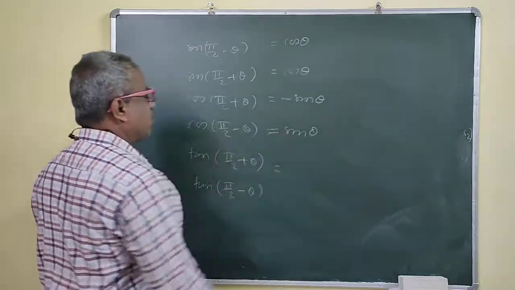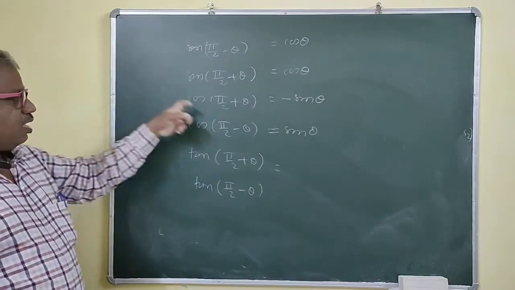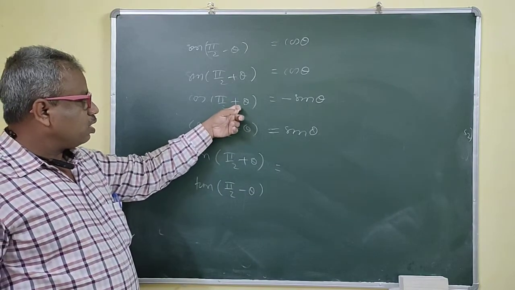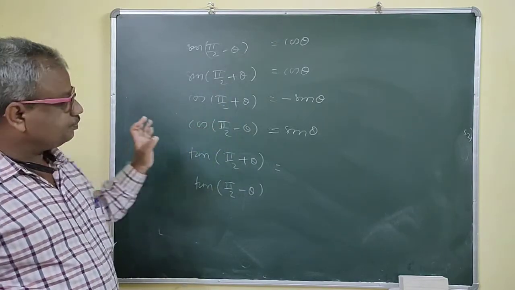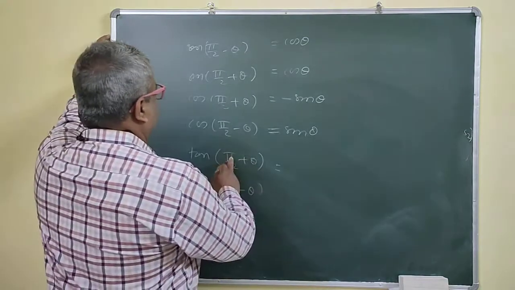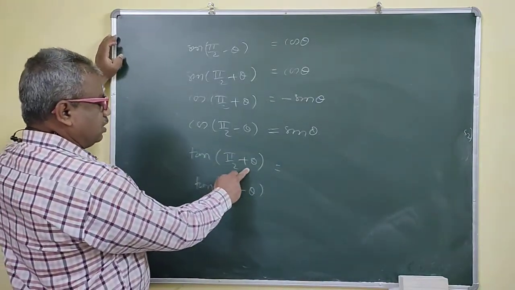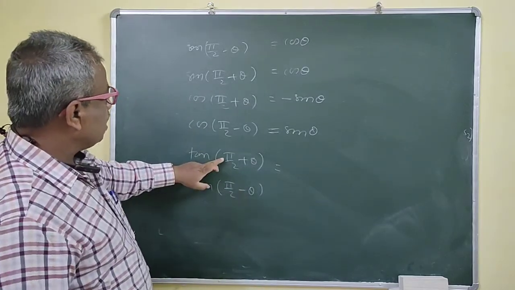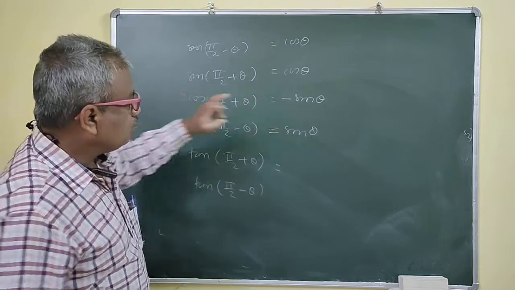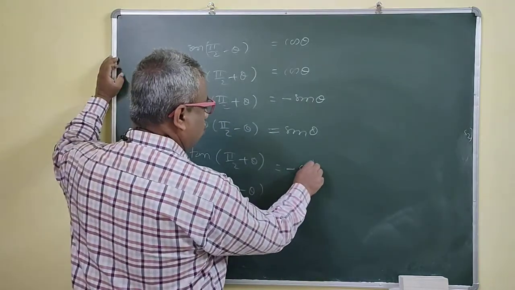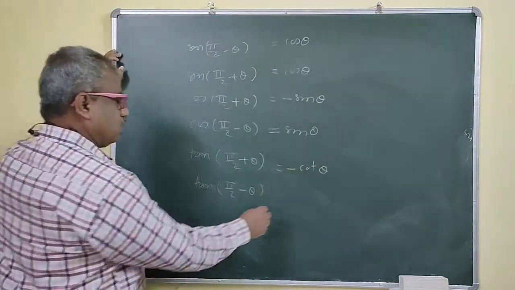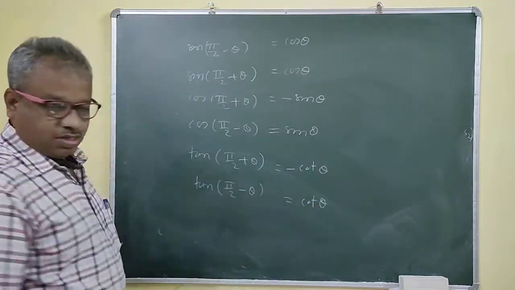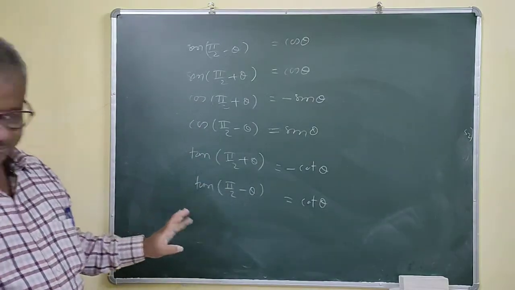Sin of pi by 2 minus theta is just cos theta, and sin of pi by 2 plus theta is also cos theta. Tan of pi by 2 plus theta is sin pi by 2 plus theta upon cos pi by 2 plus theta, which is minus cot theta, because you are in the second quadrant. And tan pi by 2 minus theta will be cot theta. So we have seen this already.